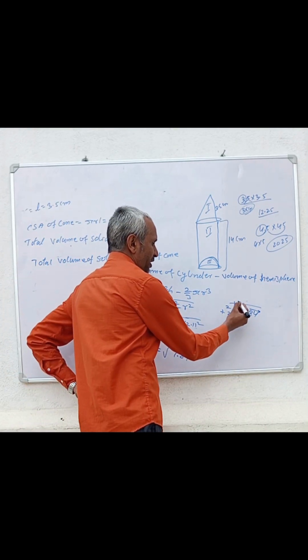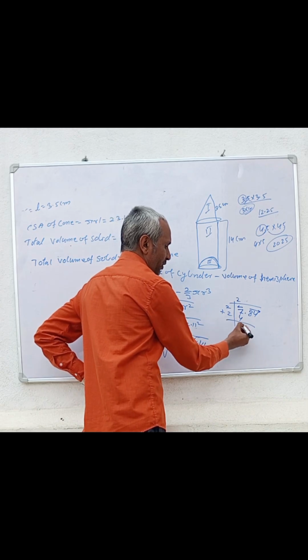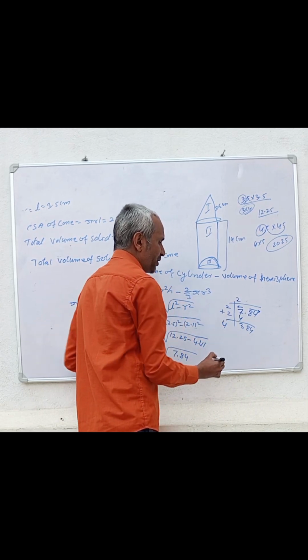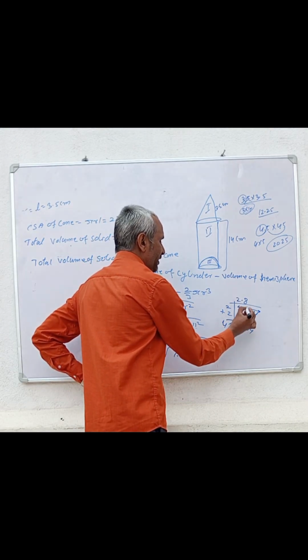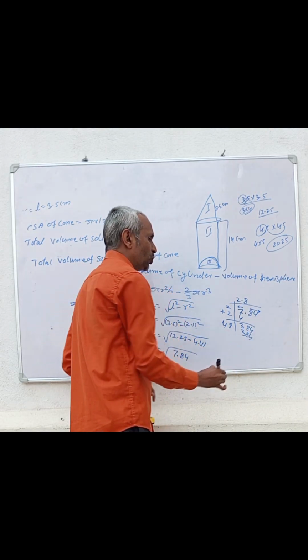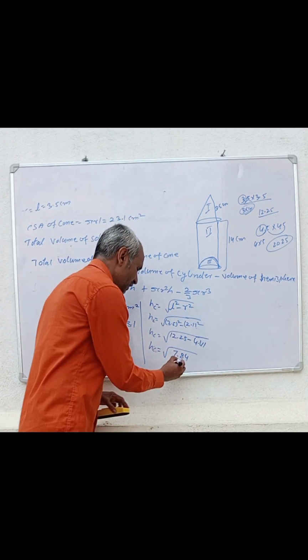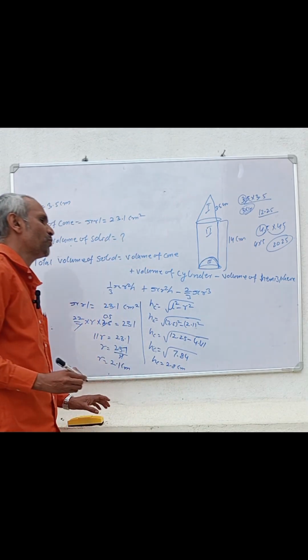So 2 twos are 4; if we take 3, 3 threes are 9, which is more, so it is 2. Taking 84, it becomes 4, 2 plus 2 is 4, and we write 8 here. So the root of 7.84 is 2.8. So hC is equal to 2.8, meaning the height of the cone is 2.8 centimeter.